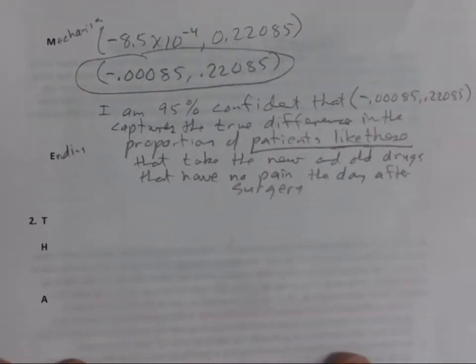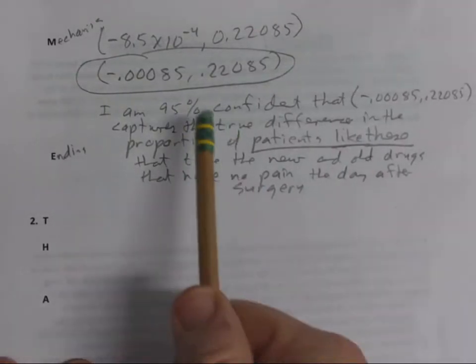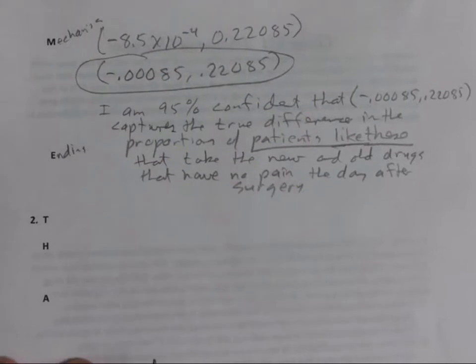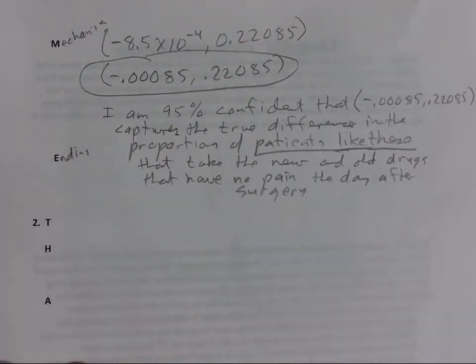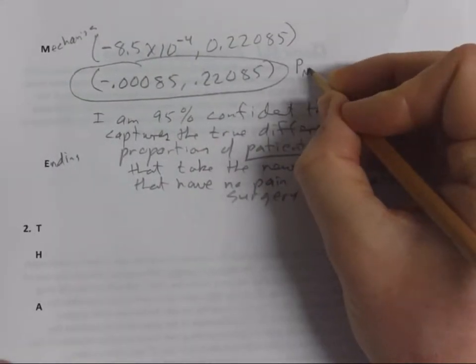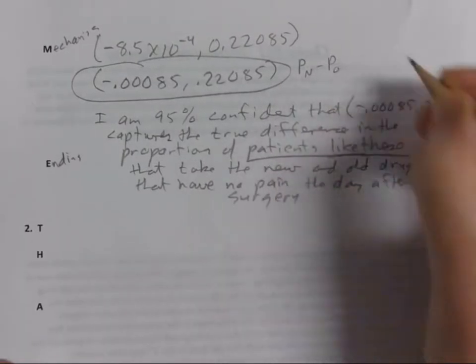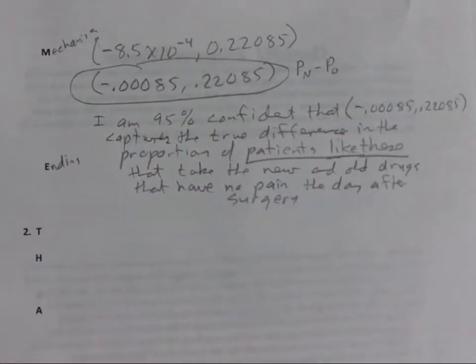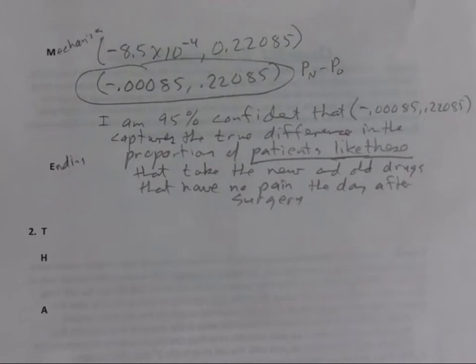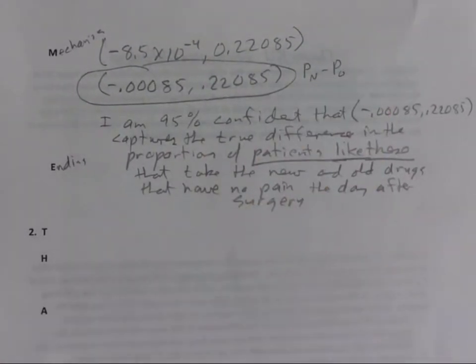And of course, whenever you do this two sample stuff, the most interesting thing is whether or not zero is in that interval. Because what we're estimating is the proportion in the new drug group that experienced no pain minus the proportion of the old drug group. Since zero is in the interval, 0 is a plausible value for that.